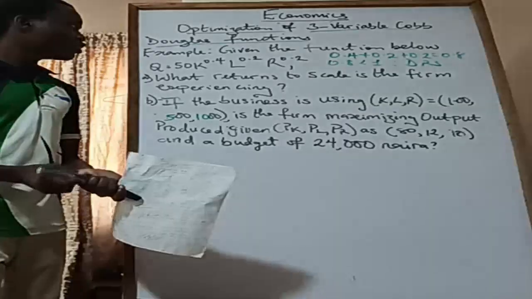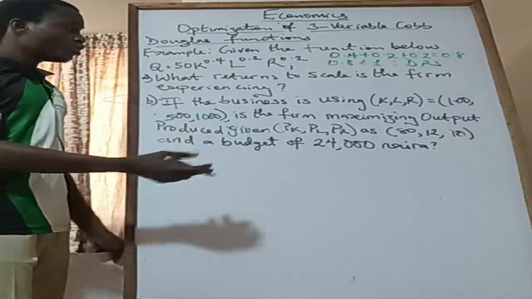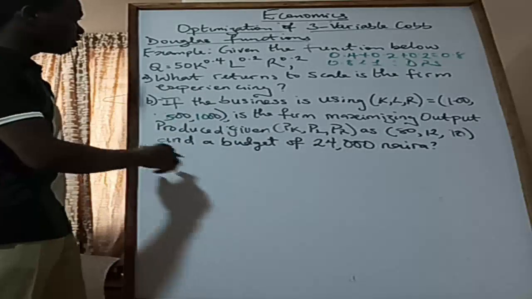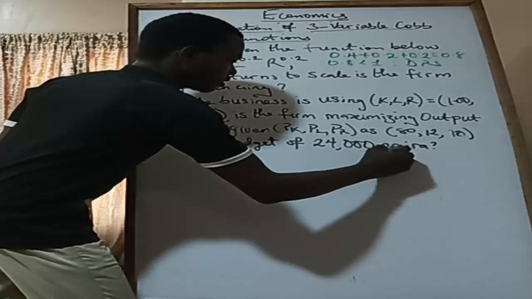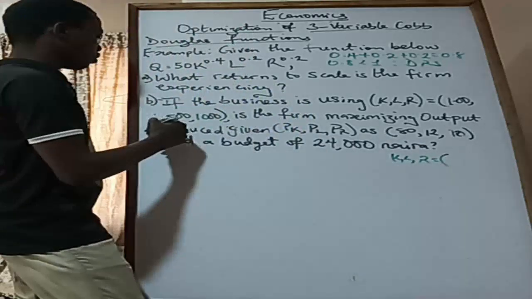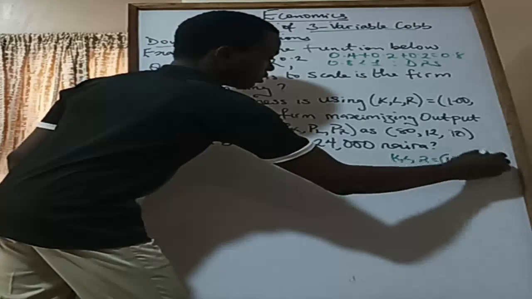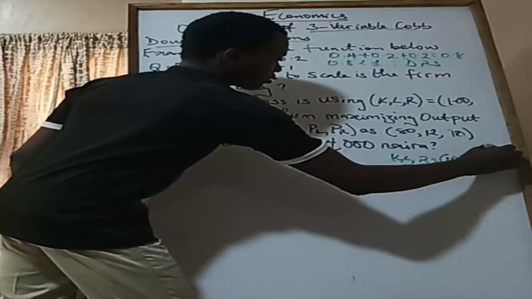So I'm going to have to rub off a part of this. What we just need to note is that this business is already using K, L, R, which is 100, 500, and 1000.